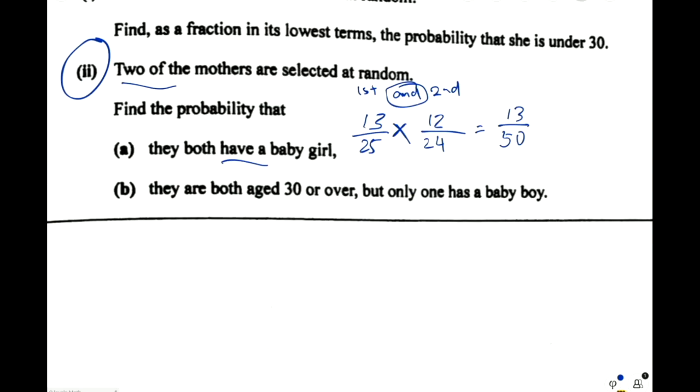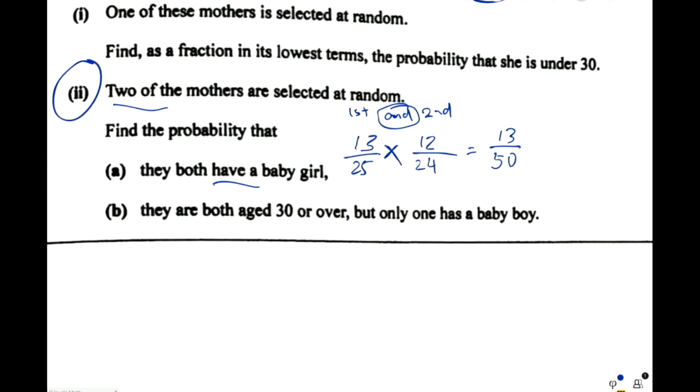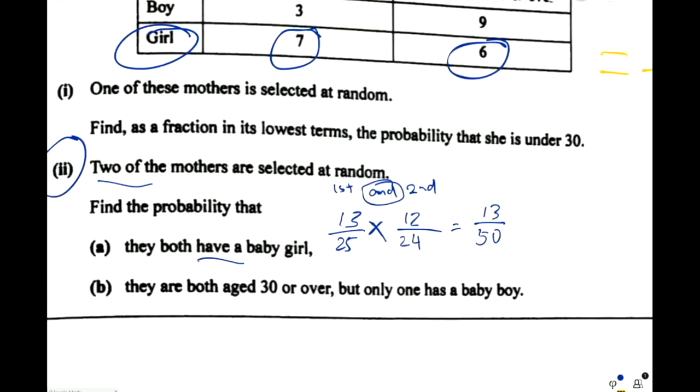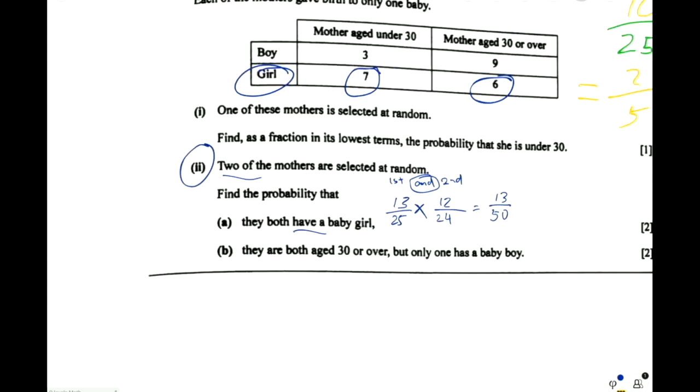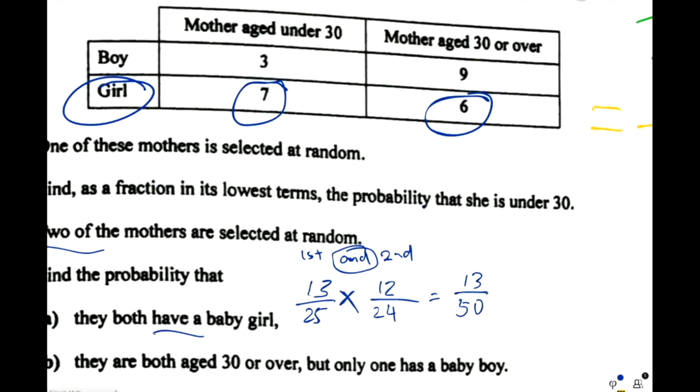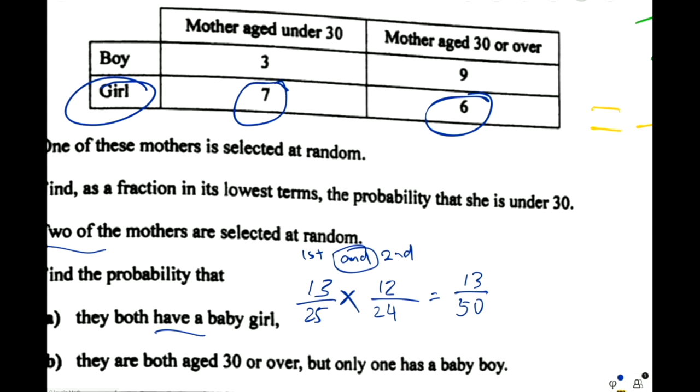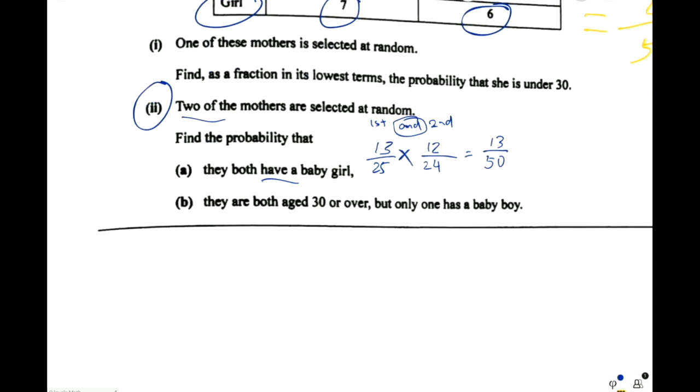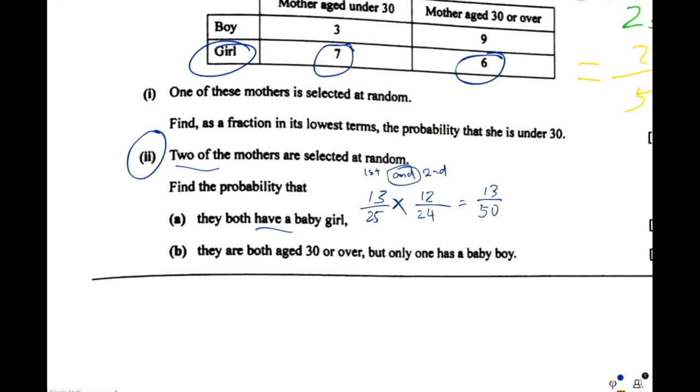Next, so they are both age 30 or over, but only one has a baby boy. Oh, this one difficult. 2 marks. Okay, so both 30 or over. So since both are 30 or over, and one has a baby boy, that means it's boy, girl, or girl, boy.